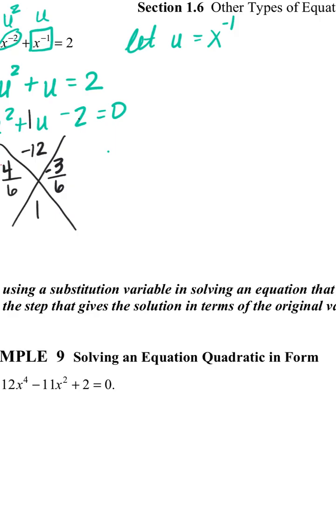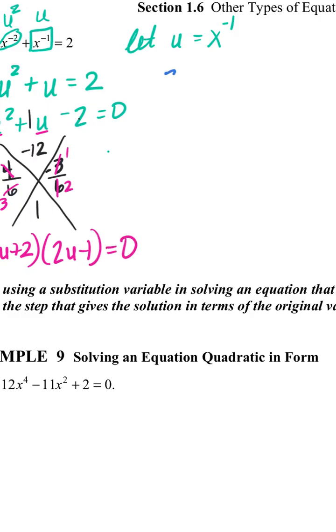Check to see. 2 will go into this 2 times. 2 will go into this 3 times. So this one is going to be 3u plus 2. Because remember, we're using u's right now. 3 will go into this 1 times. 3 will go into this 2 times. So this is 2u minus 1.